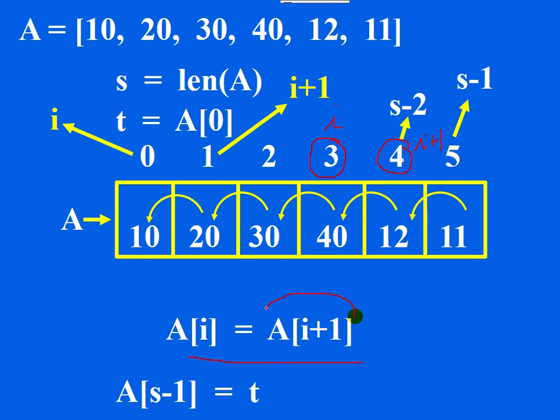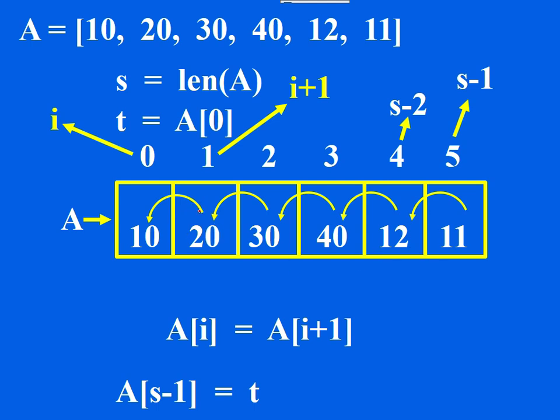Okay, so A of 4, that is 12, is assigned to A of 3. So this 40 is replaced with the 12. Okay, finally in order to perform this shift, your I is 4 and your I plus 1 is 5. Okay, so A of 5, which is 11, is assigned to A of I, that is A of 4. So your 11 comes here.